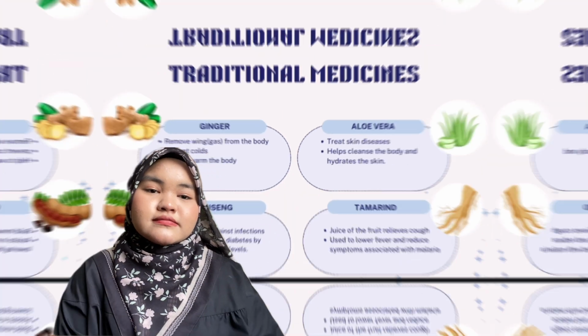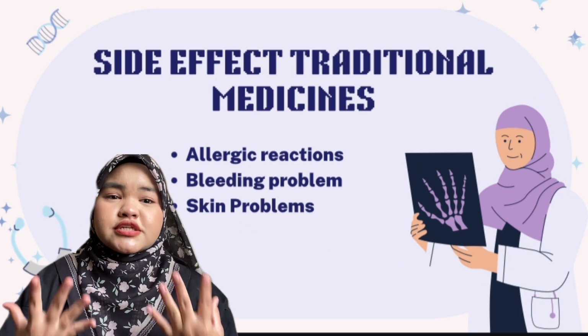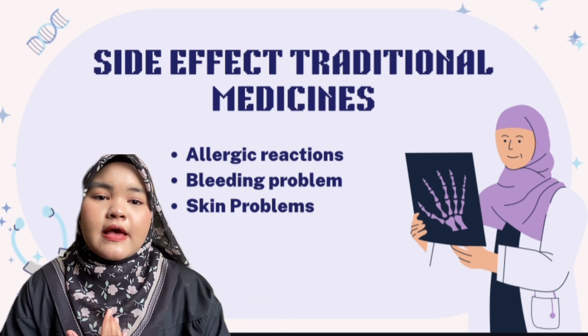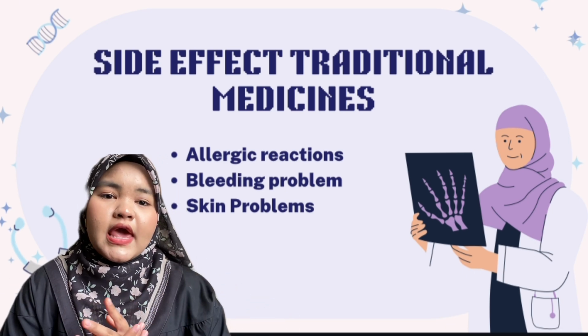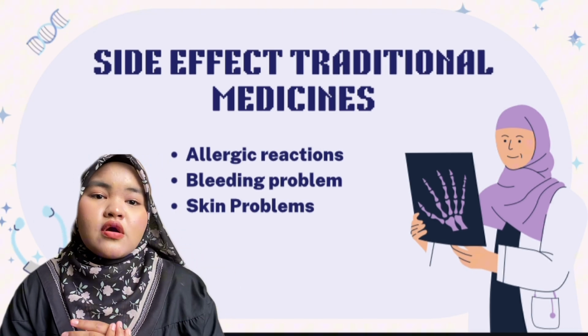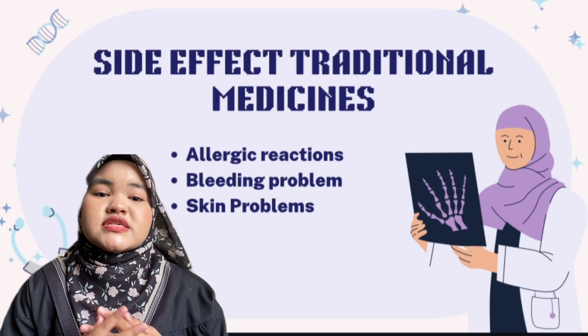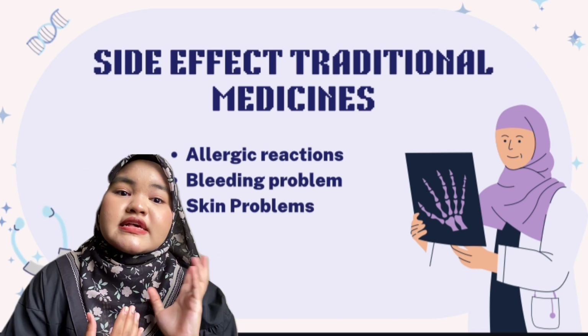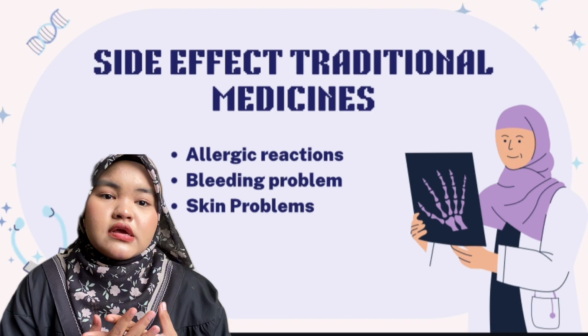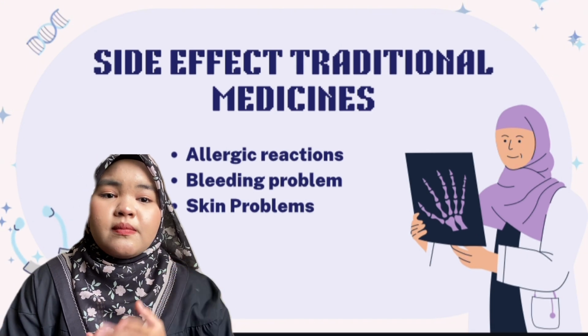Then, traditional medicine also has side effects, such as some people may have allergic reactions like rash, itching, or swelling after using certain herbs such as ginseng. Then, certain herbs like garlic or ginger can thin the blood.